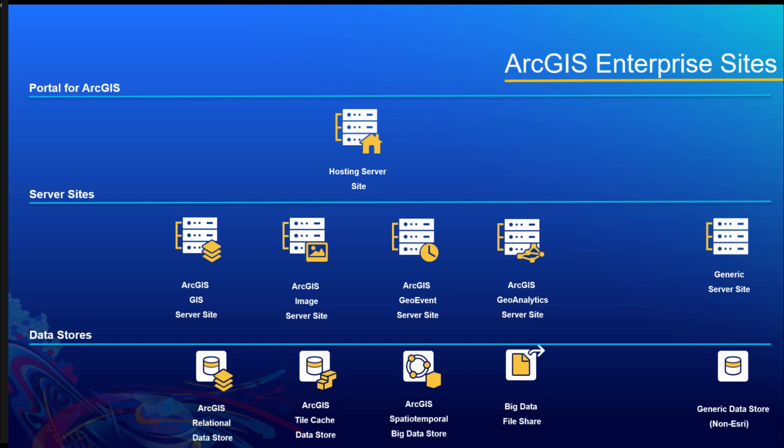Additionally, you have server sites that play role-based functionality. Examples of this include a server role, the image server role, or the GeoEvent server role, or a GeoAnalytics server role. You may also have general purpose servers, in this case depicted with the GIS server site.